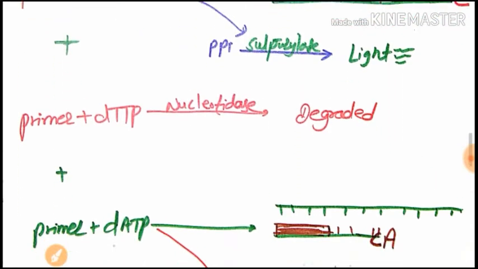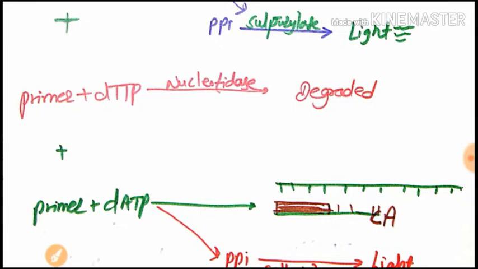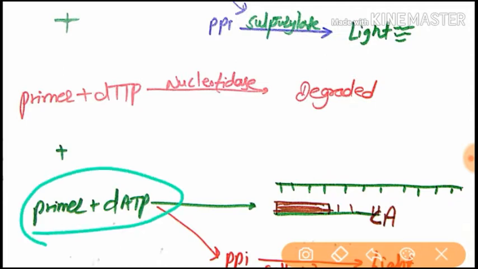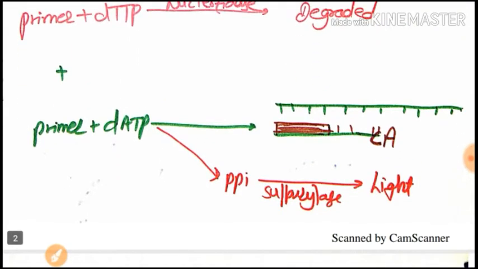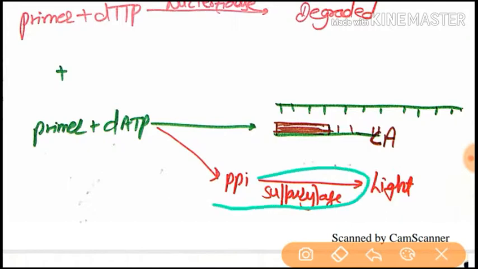And so on. The process will go on again and again up to 200 nucleotides. And again adenine primer is attaching with dATP. Same thing, C has been added. Now the time A will be added, and it will also give a light signal in the presence of sulfurylase enzyme.